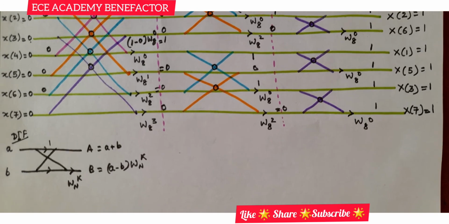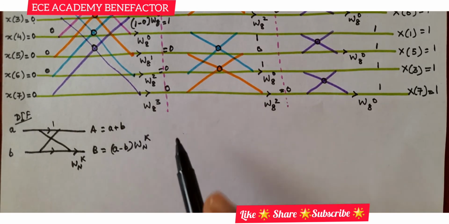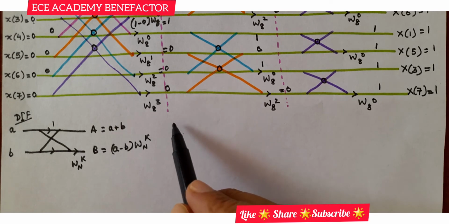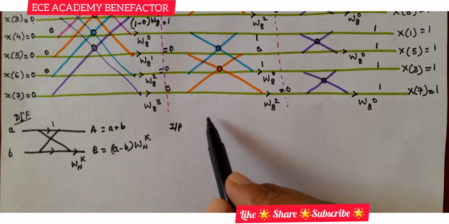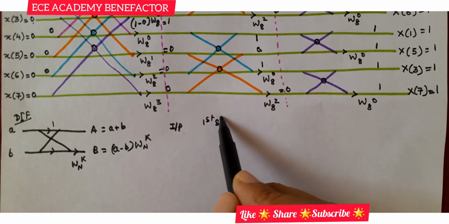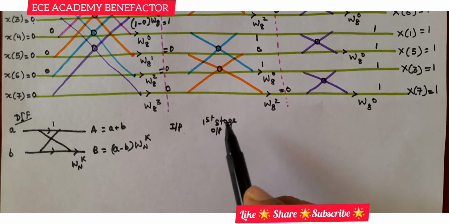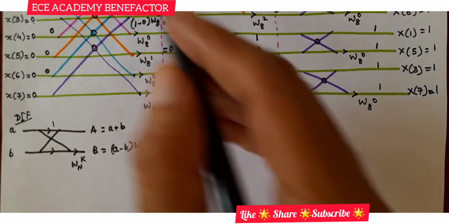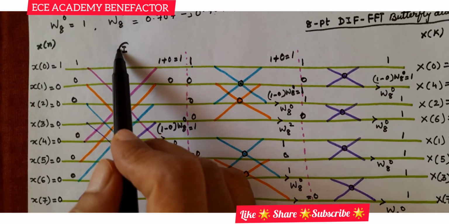So let us write the table form of each stage output. Input, first stage output. First stage output is this one, and this is the first stage. This is known as first stage.